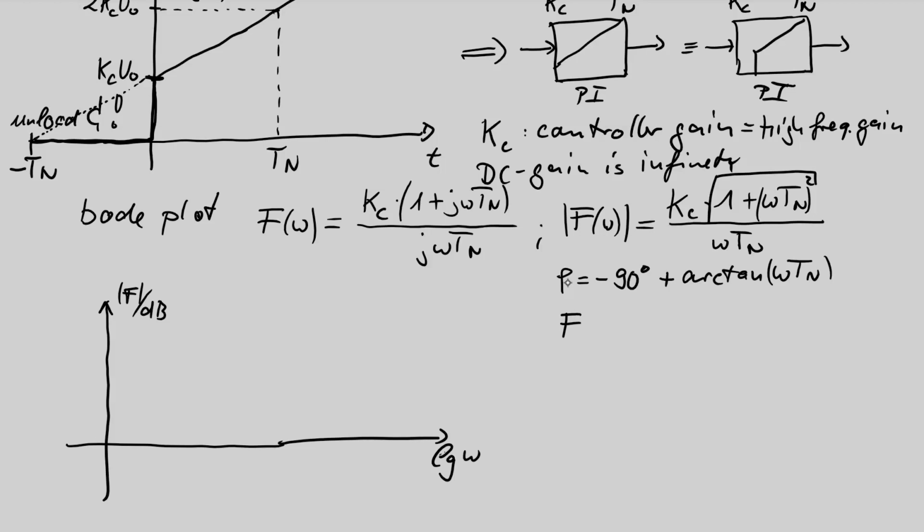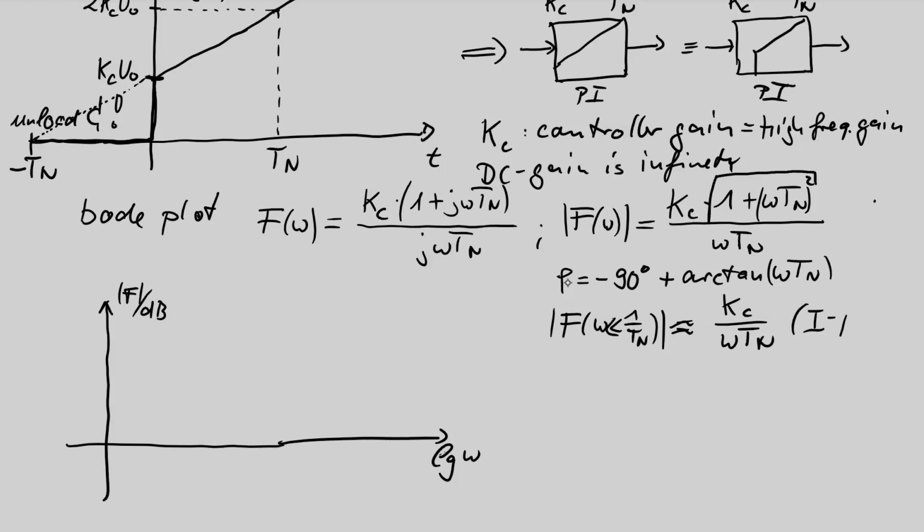The magnitude curve for very small frequencies, if omega is small compared with 1 over Tn, leads to the fact that this is small, and you can neglect it compared with the 1. The square root of 1 is 1, so we have approximately Kc divided by omega Tn.